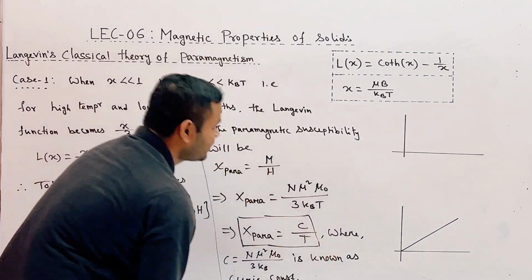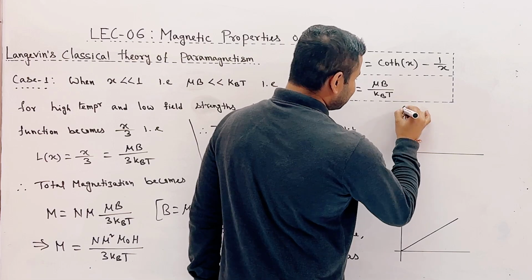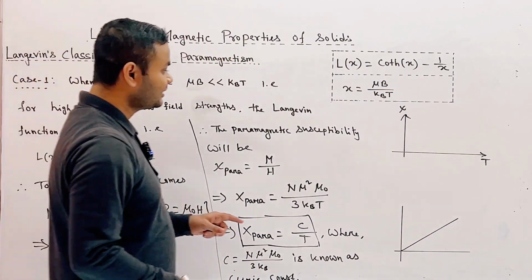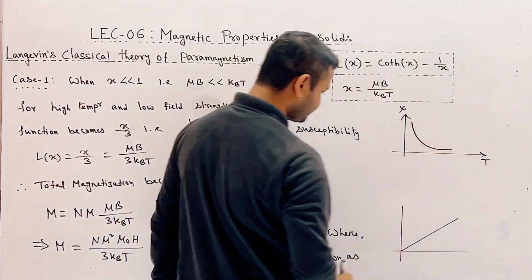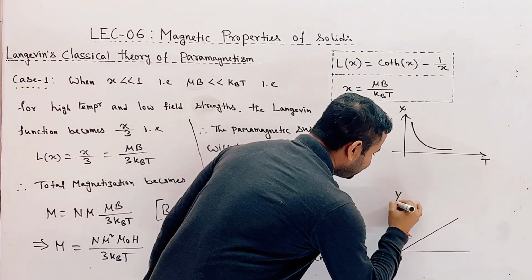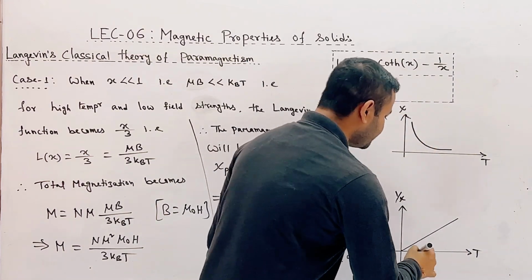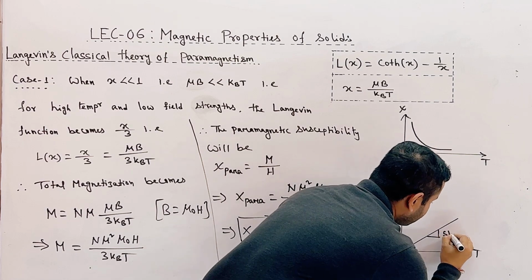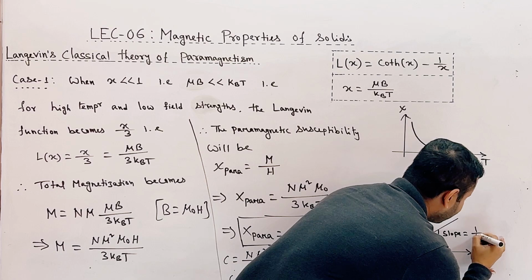So if we plot a graph between susceptibility and temperature for a paramagnetic material, then we will get this type of curve. Again, if we plot a graph between 1 by xi versus temperature, then we will get this type of curve, and the slope of this curve will be 1 by C.